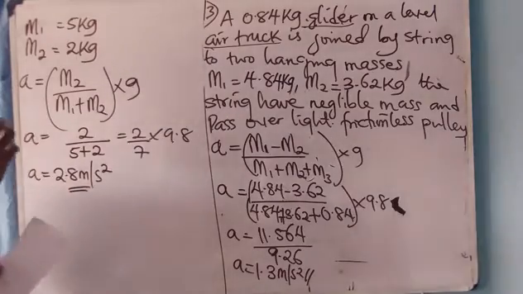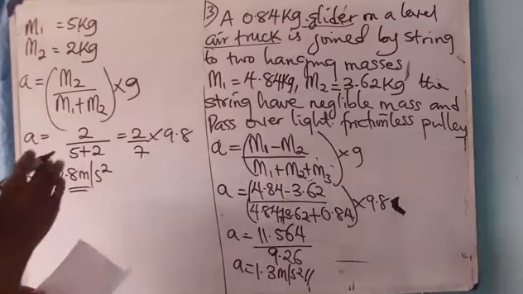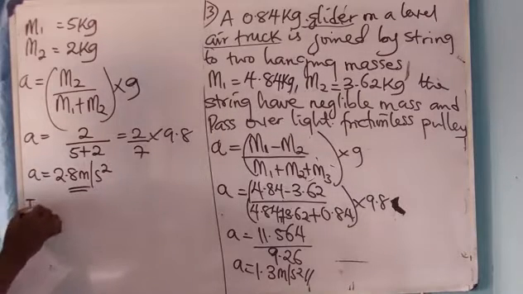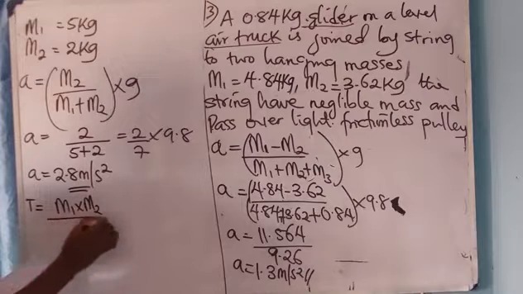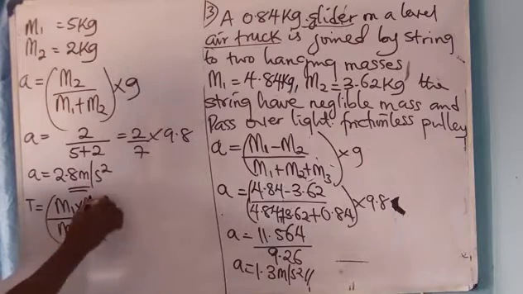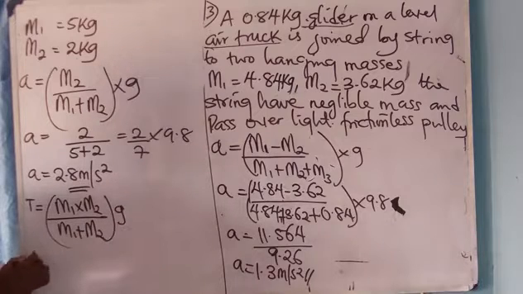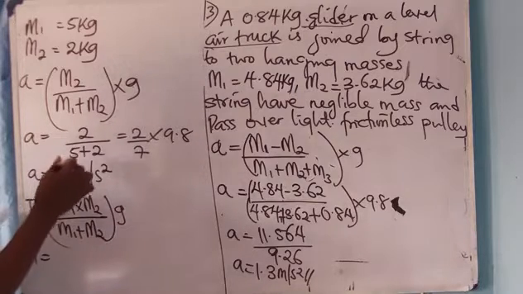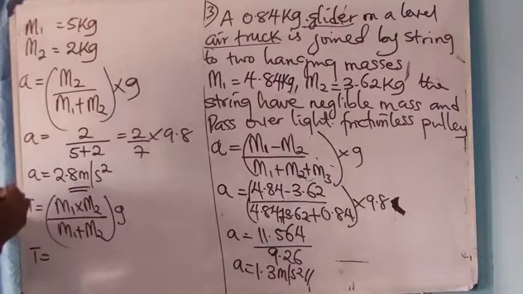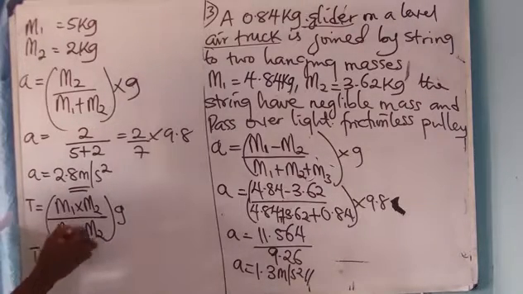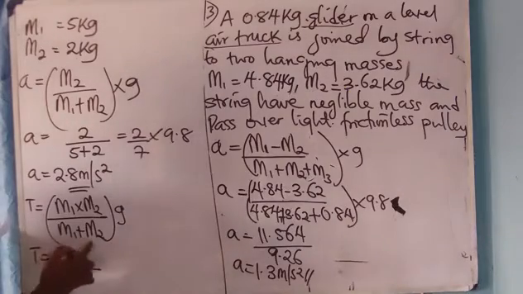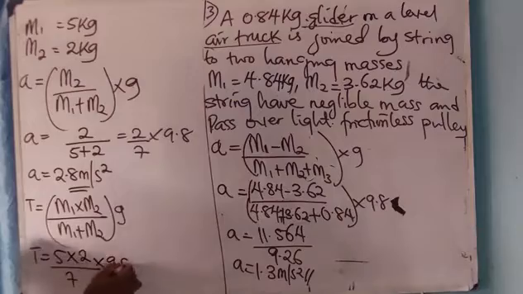Now, the tension of an air truck glider is usually given as M1 times M2 over M1 plus M2, all times G. M1 is 5, M2 is 2 over 7, times 9.8.